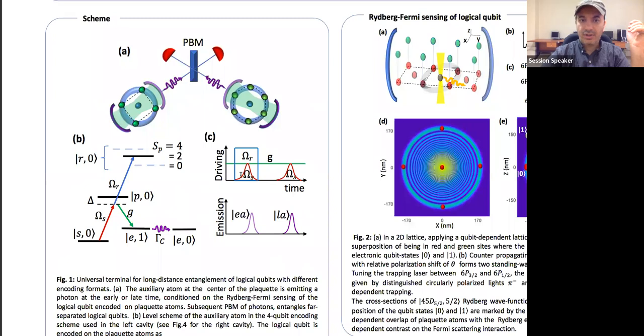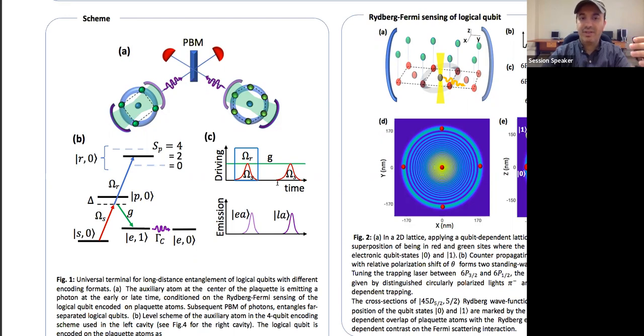So the pulse sequences are shown in figure C. You can see that we have an early set of pulses that contains Omega S and Omega R, and we have a late pulse that is only Omega S and no Omega R is accompanied. So in the early step, if we have zero logical qubit, we emit a photon. If we have one logical qubit, we don't emit an early photon.